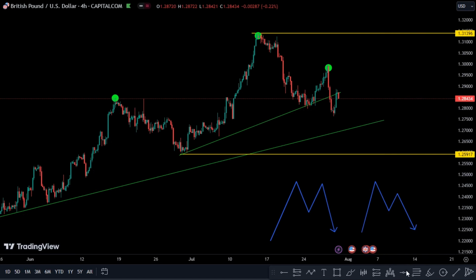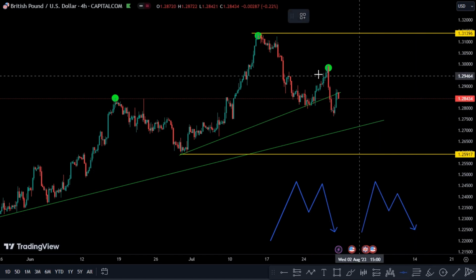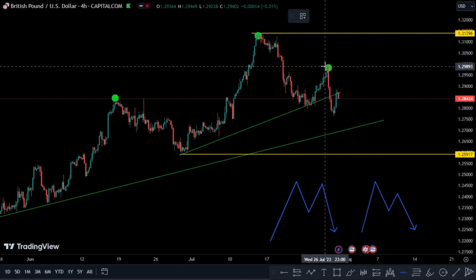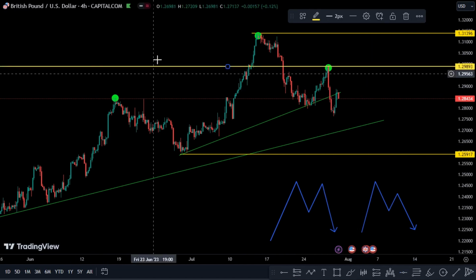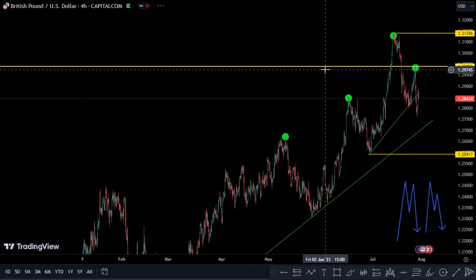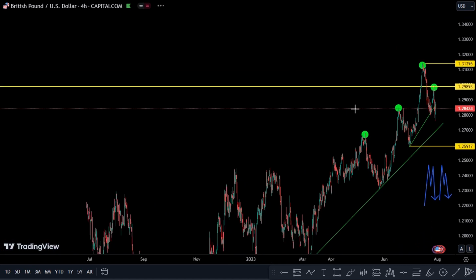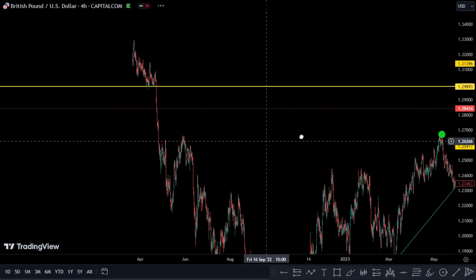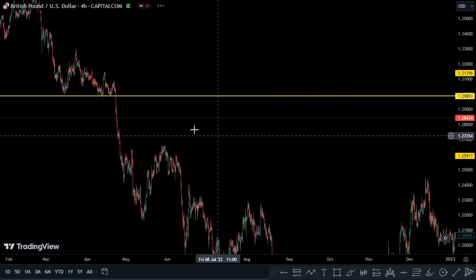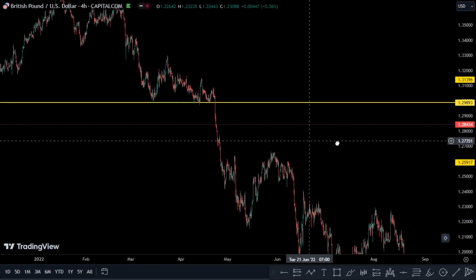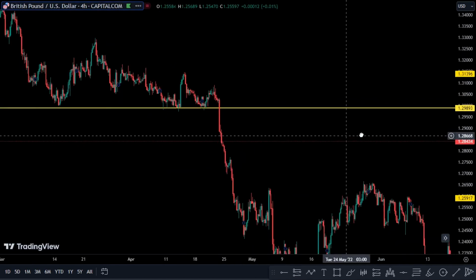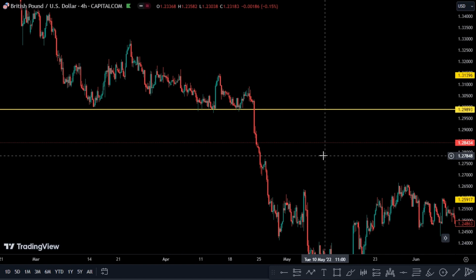Then what I normally do personally is take a horizontal ray that extends to both the left and the right, and I put it exactly at this point like this. When I put it at this point and then zoom out, I check previous interactions at that level with the market, and I am bound to find a very significant level that once held as a very strong support or resistance structure.